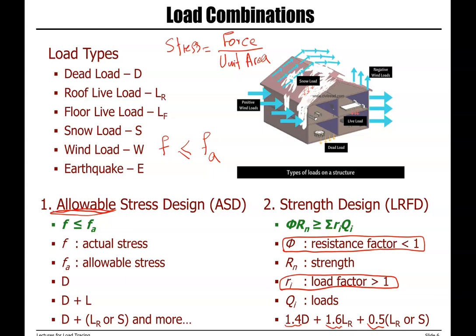For our class, we will use this concept to calculate the minimum required width of a footing. So we have applied load from the superstructure, from our structure, how much is transferred to our footing. Using information we get from soil testing, we calculate allowable bearing capacity.